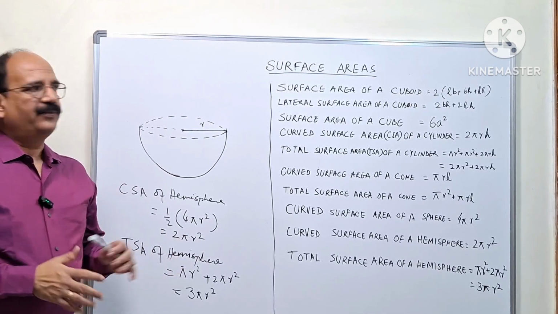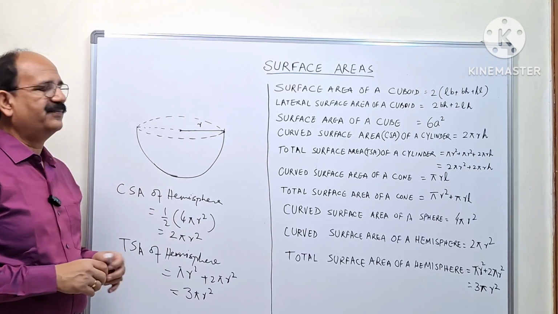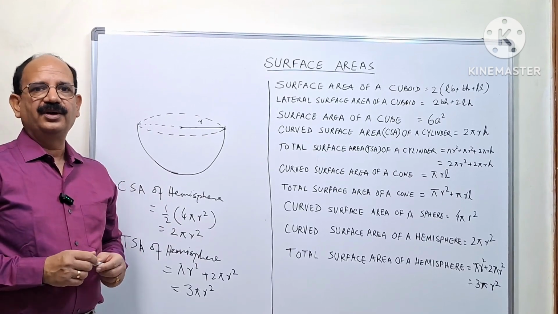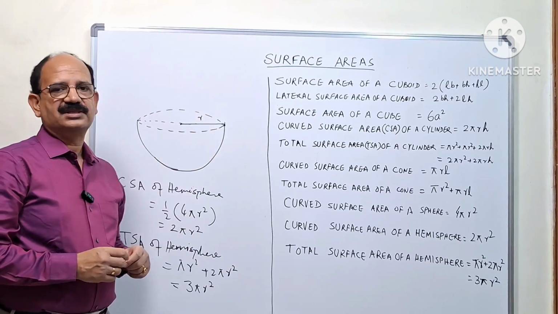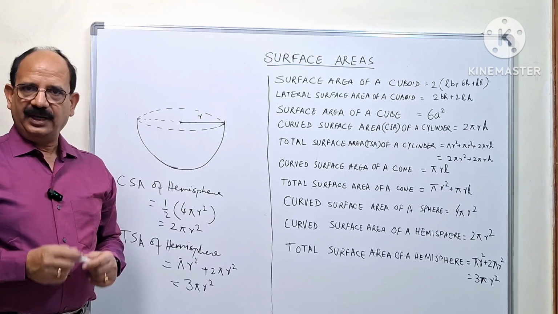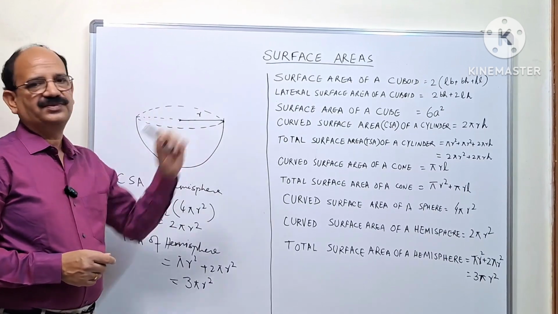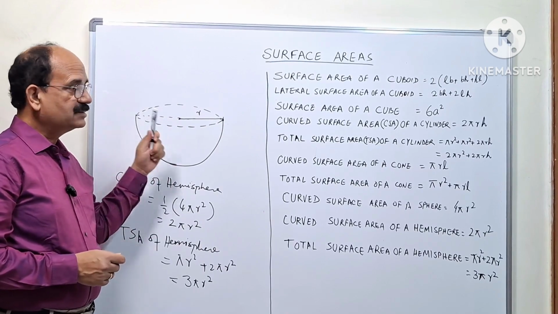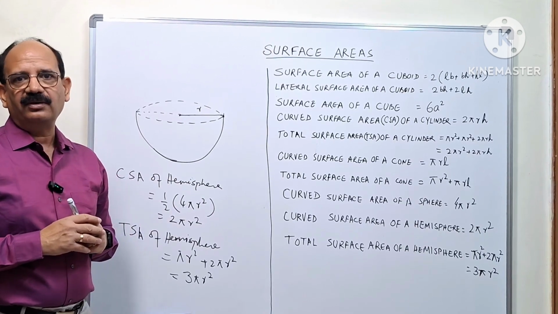So with this analysis of the surface areas of the regular figures, you would have understood how these formulas have come. I would again recommend that you try understanding all these formulas based on all the different parts of that shape involved.